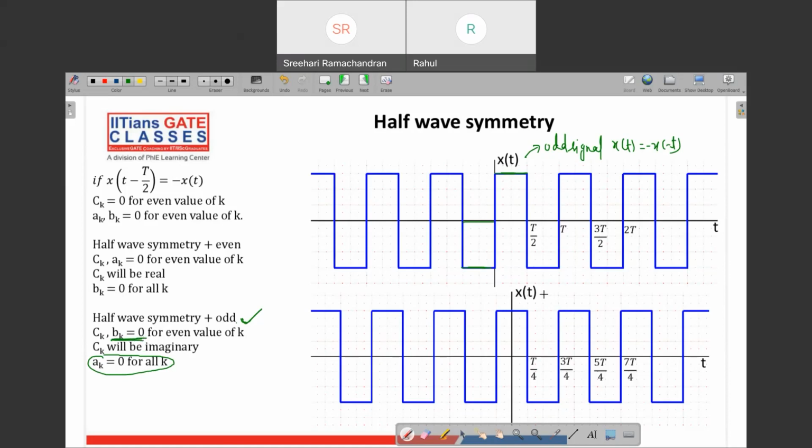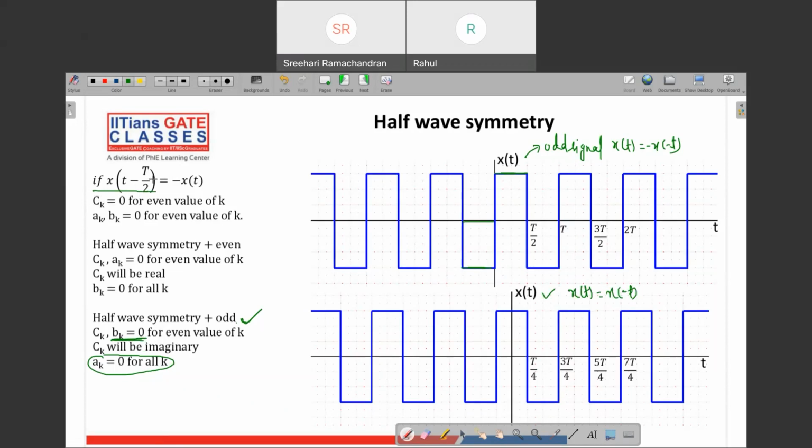Now if you see, the second signal is an even signal. It is satisfying this criteria that x of t is equal to x of minus t. And also this signal is satisfying the half wave symmetry criteria, that if you shift it by half of the time period, it will become the negative.